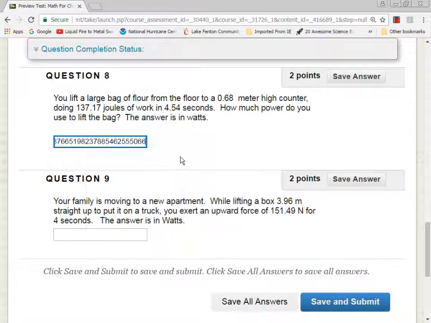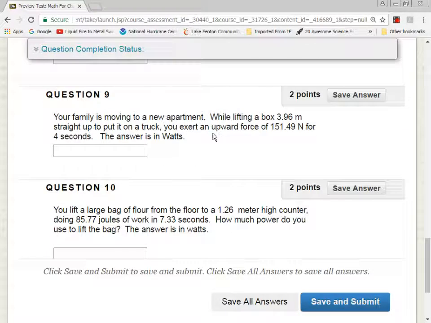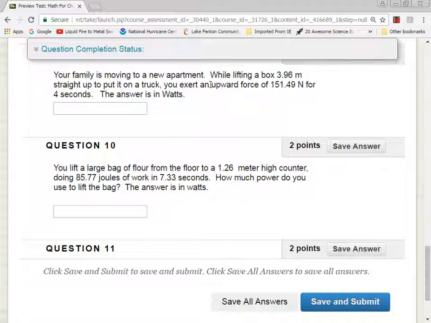You can do that, and the answer should be in watts. I think that's also the same one for number 10. Number 9 is just while lifting a box straight up, yep, this is Number 9.